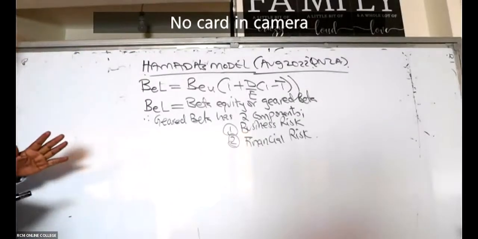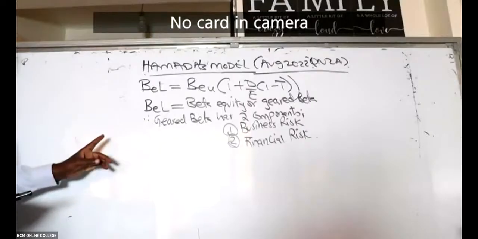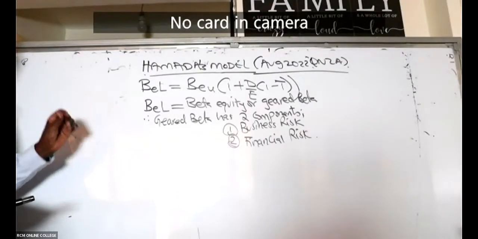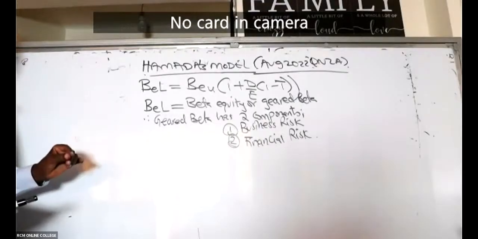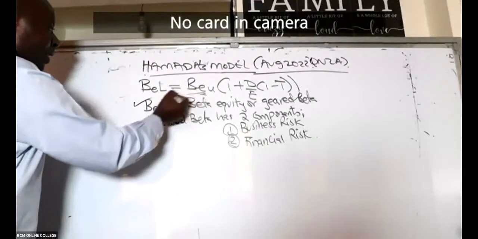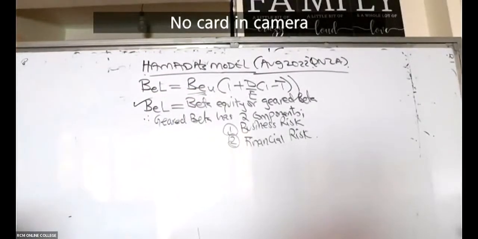Yes. So then we have got 2 components here for the geared beta. Geared beta has got what we call business risk. And then number 2, we have what we call financial risk. Now from there, I would want us to look at this beta equity unlevered.